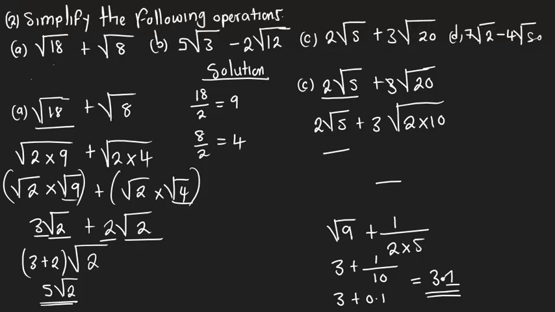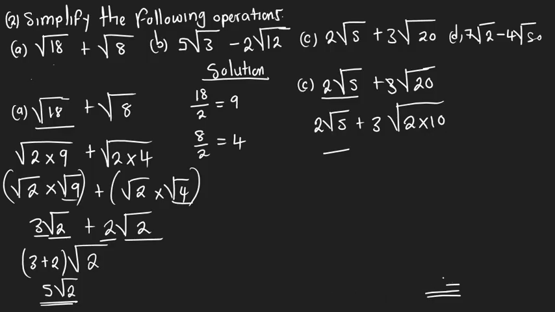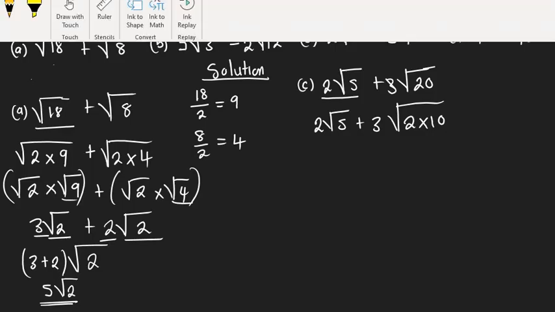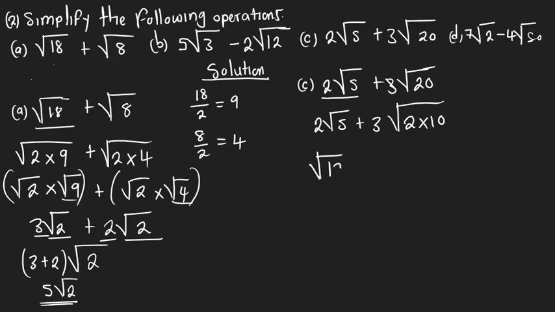If you want, you can even find the square root of 13. I show you. Square root of 13 can also be written as square root of 12 plus square root of 1, so this is 12 plus 1 over 2 multiplied by 5.